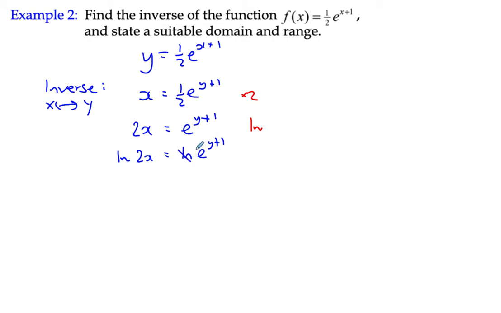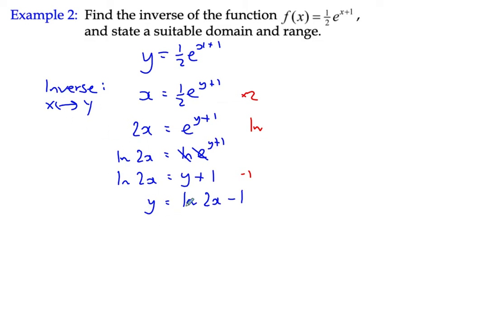And of course these cancel each other out, and so we get the natural log of 2x is equal to y plus 1. Therefore if we take 1 away from both sides, we end up with y equals the natural log of 2x minus 1.